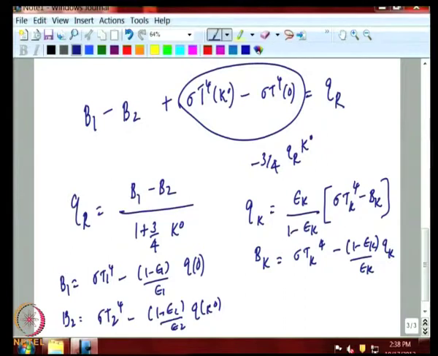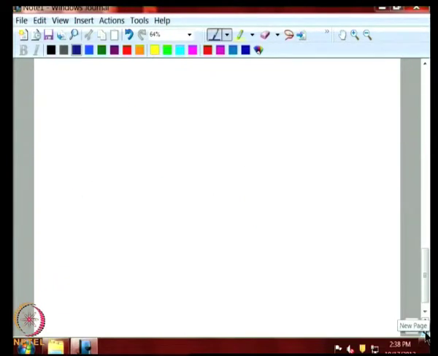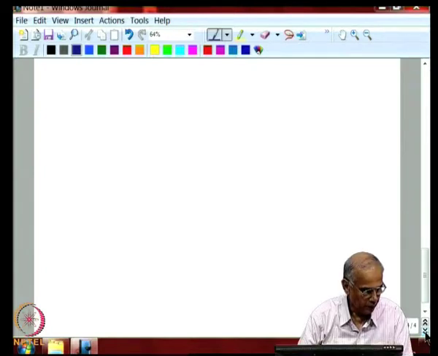And if you recall the fact, in relation to these two results which we have in front, we now calculate what B1 minus B2 is from this equation.